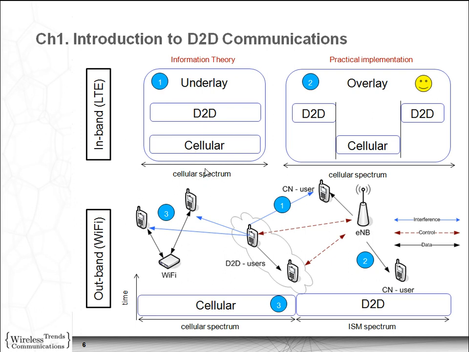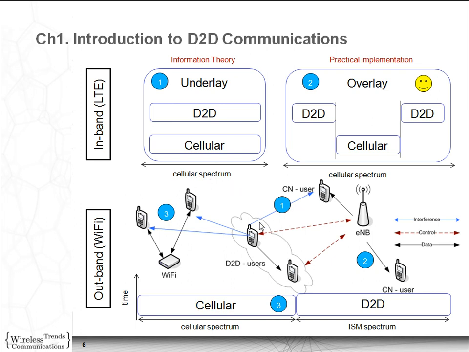The first one is when we have the device-to-device coexisting with the cellular connection. Both of them are in the same band, so they have the same spectrum. That means that, let's say, these two users here have the device-to-device link and are transmitting, and this cellular user here is also using exactly the same cellular spectrum.